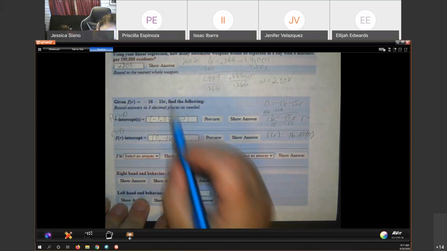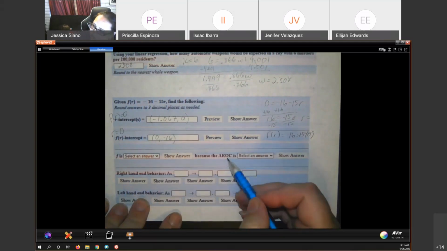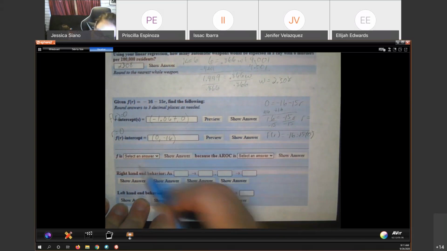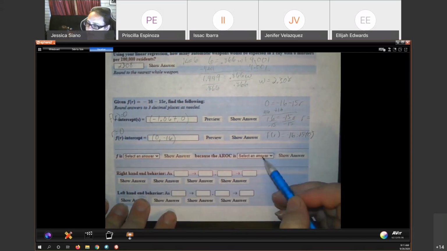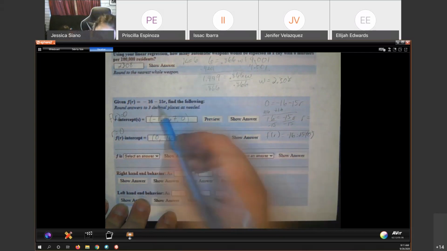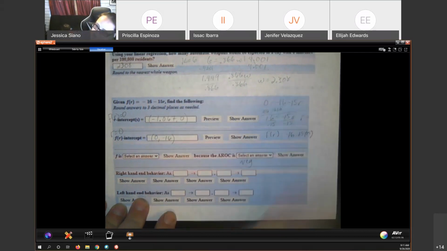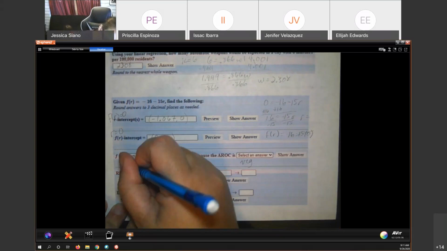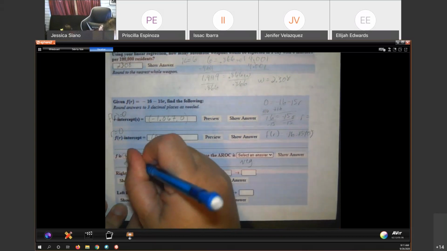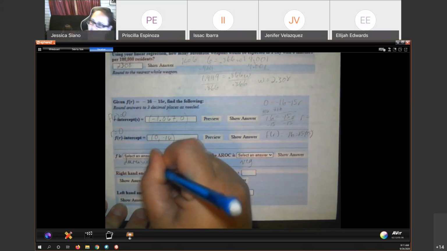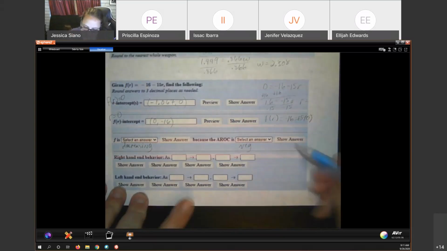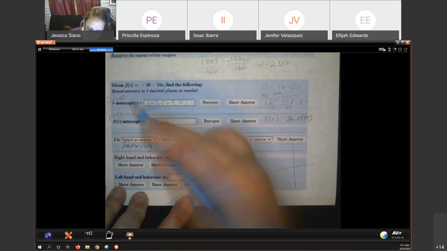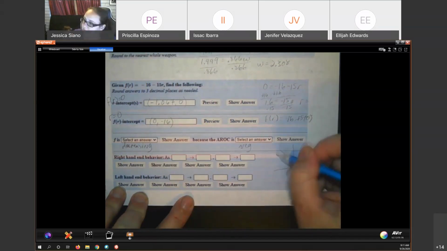Now here, they want to know the average rate of change is the slope. So this is going to be either increasing or decreasing, and this is going to be either positive or negative. So here we have a negative slope, which means that my function is decreasing. If your slope is positive, then your function is increasing. So that means that this line is decreasing.